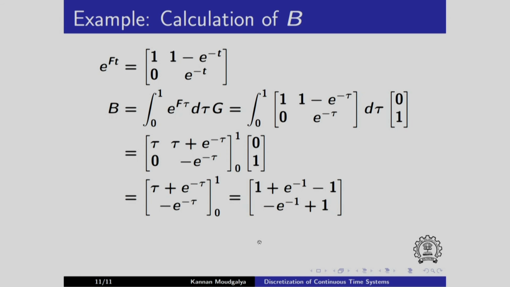It is easy to see that you get this, 1 plus e to the minus 1 is what happens when you substitute tau equals 1. When you substitute tau equals 0, this term will go away and you get 1 here, which is this. So similarly here you get exponential minus 1 minus, of course, because of the sign here, and then minus the value obtained at tau equals 0, which is 1. When you simplify it, you get these values.